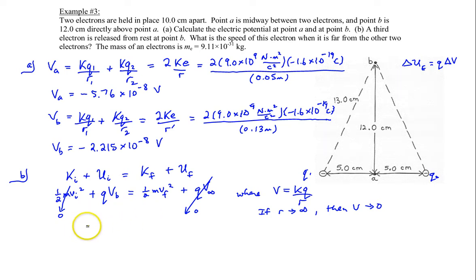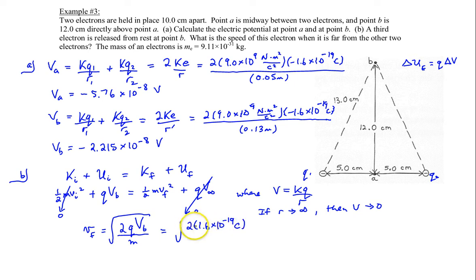So we rearrange this equation. The final velocity would be equal to the square root of 2 times the charge of the electron times the potential it has at that particular point B, divided by the mass. Substituting our numbers in, we have 2 times the charge of the electron, 1.6 times 10 to the power of negative 19 coulombs.